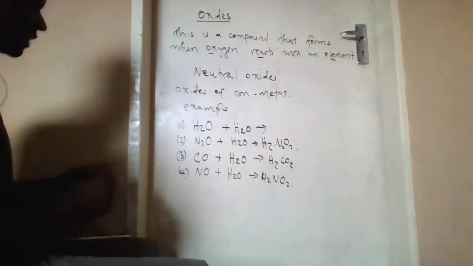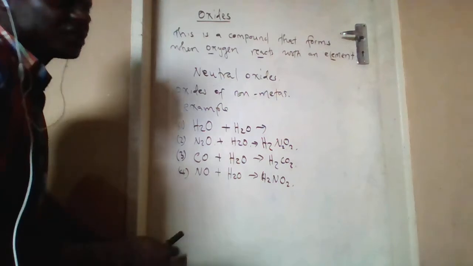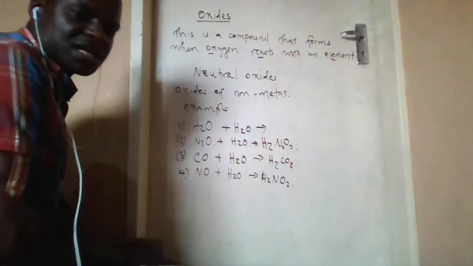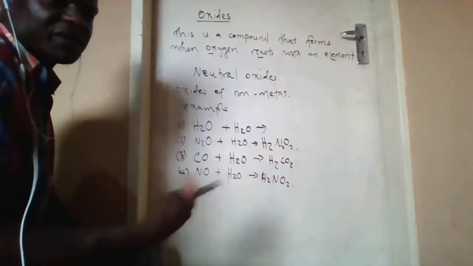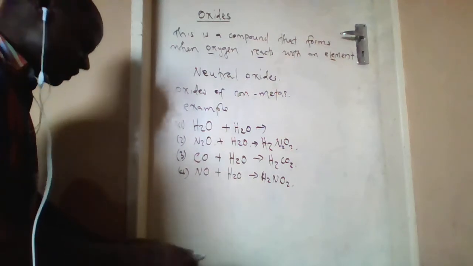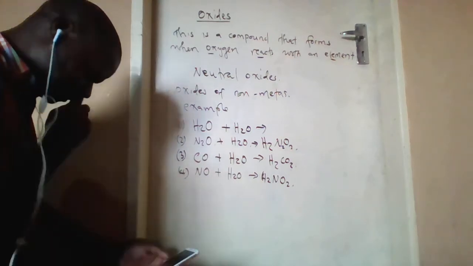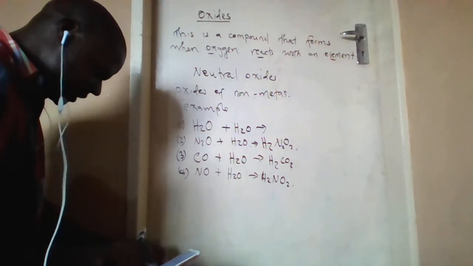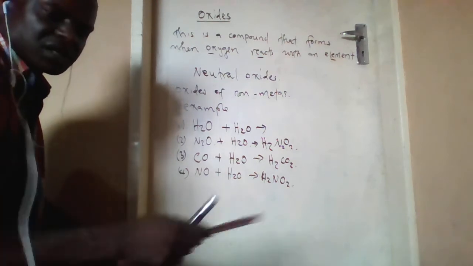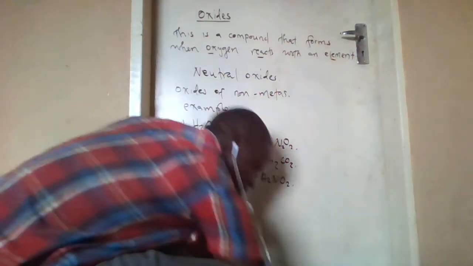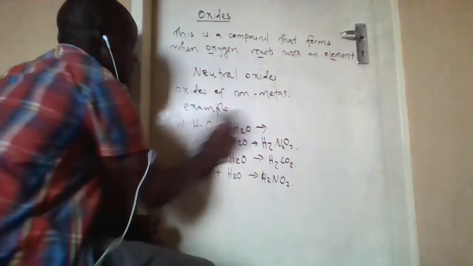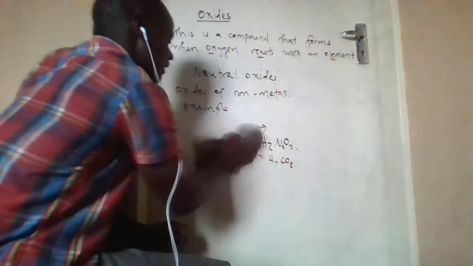So because of that, these are neutral. They do not have properties of acidic oxides. They do not have properties of basic oxides. That's why they are called neutral oxides. And those are examples that I've written right over there. These neutral oxides do not show any property of acids, not even properties of bases. That's why we call them neutral oxides.